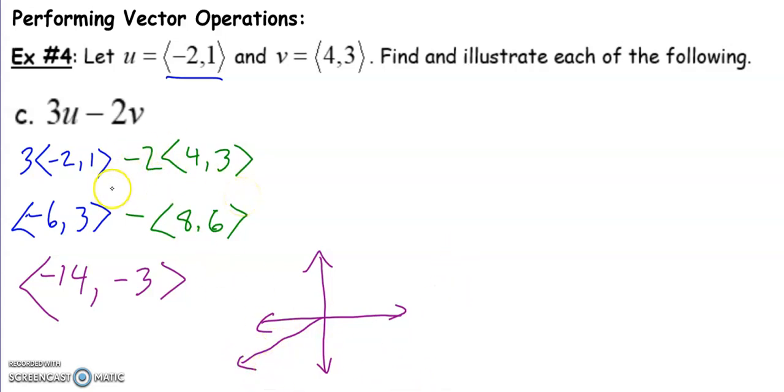And a scalar of them. So we went 2 to the left, 1 up. And we went 4 to the right and 3 up. You know what? Let me move it.